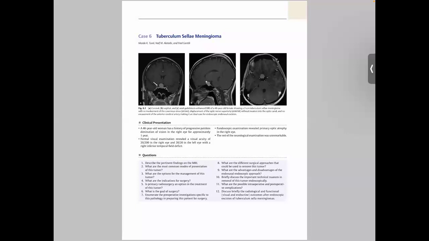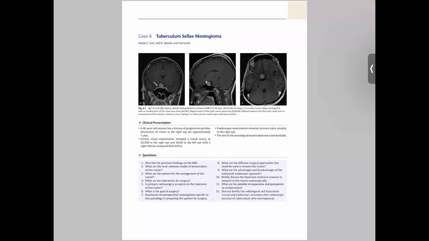On the sagittal view, it's still restricted within the Sellae with no posterior extension towards the prepontine cisterns or the brainstem, and also barely any anterior extension into the frontal lobes.